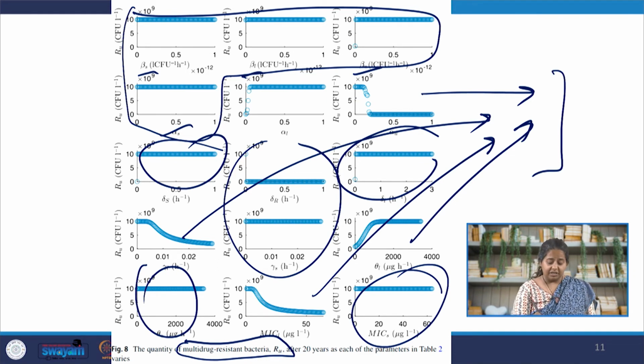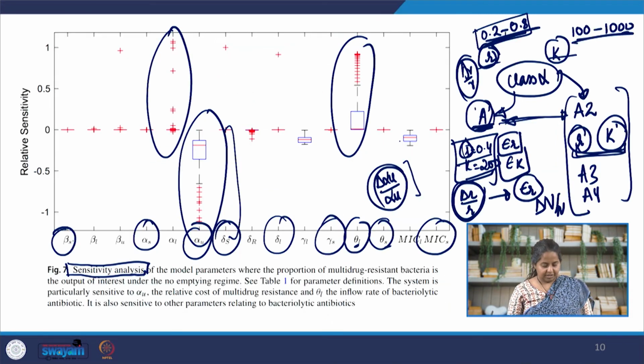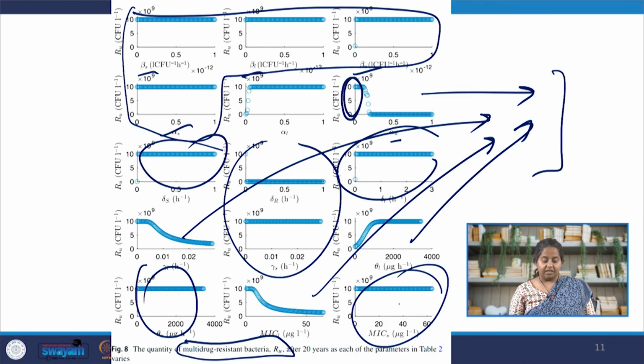We can also see here what level of impact we are expecting. For example, alpha U, which, as we looked here, is the relative cost of multi-drug resistance. As we increase the cost of multi-drug resistance to bacteria, we can see up to 10 to the power 9 orders of magnitude. Remember, this is a logarithmic scale on the y-axis.